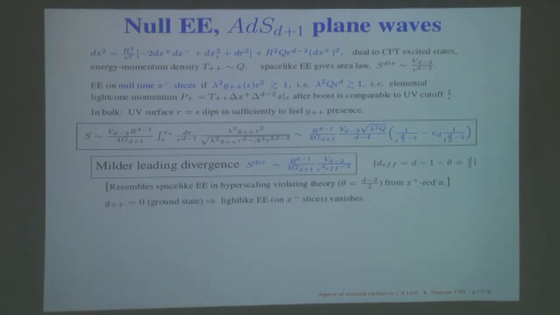If one sets up this lightlike limit in this fashion, what you see, for example, in the AdS plane wave in this regime is that the entanglement has an expression like that, and this integral essentially is actually solvable. It's just like an AdS integral, and you can just do this explicitly without any approximations. And so, among other things, the leading divergence is in fact milder. The finite part is the same as what we saw earlier.